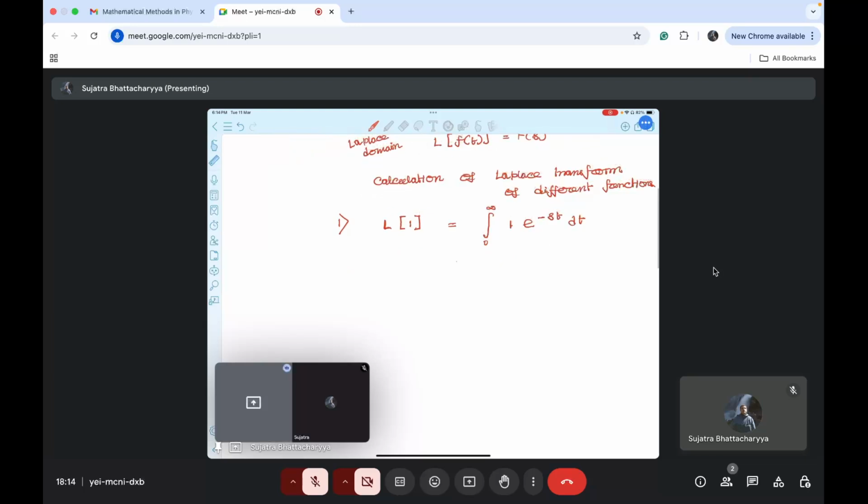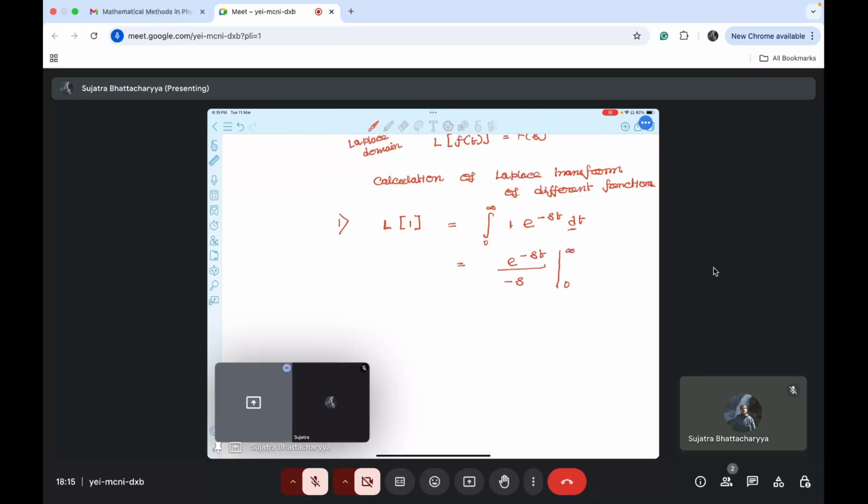All right, so if you integrate e to the power minus st, it will come out to be e to the power minus st divided by minus s, right? Whatever is there with the t comes in the denominator, because it is being integrated with respect to t. This is the property of the integral.